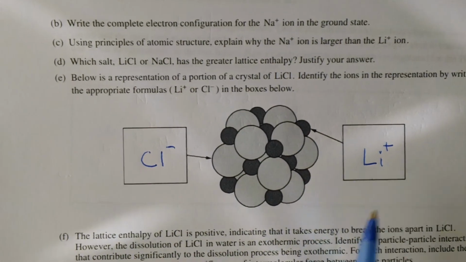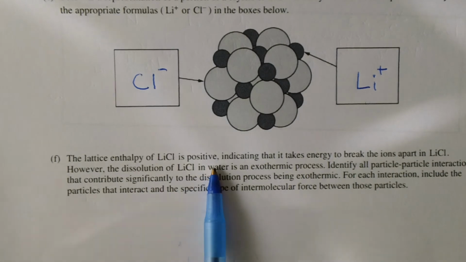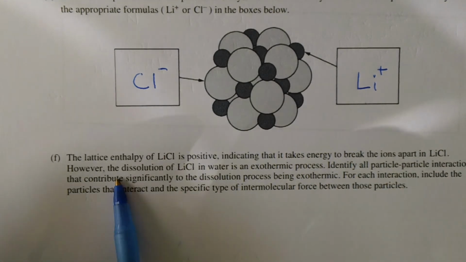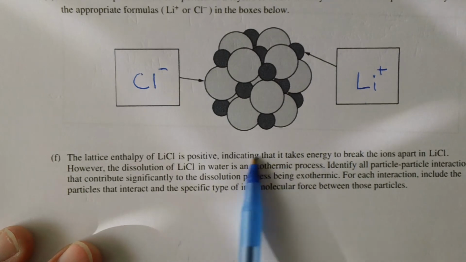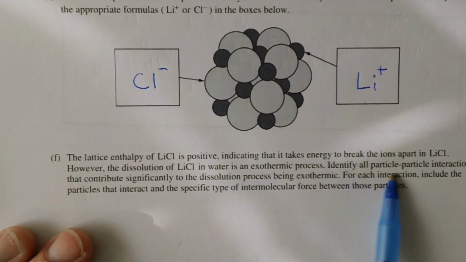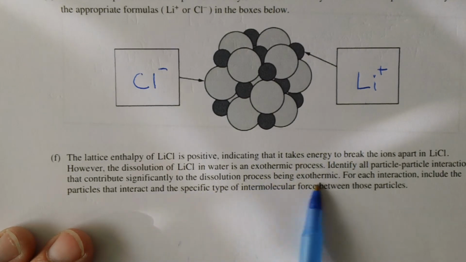All right, good. And then the last one, F, says the lattice enthalpy of lithium chloride is positive, indicating that it takes energy to break apart the lithium chloride. Perfect. However, the dissolution, the dissolving of it, is exothermic. Identify all the particle interactions that contribute to the exothermicity of this thing.